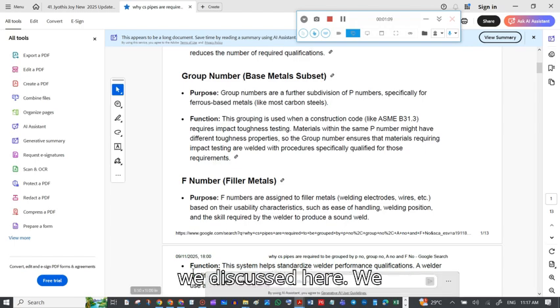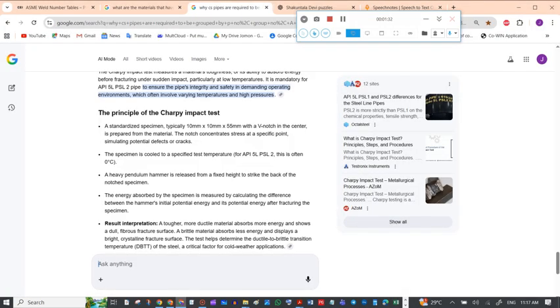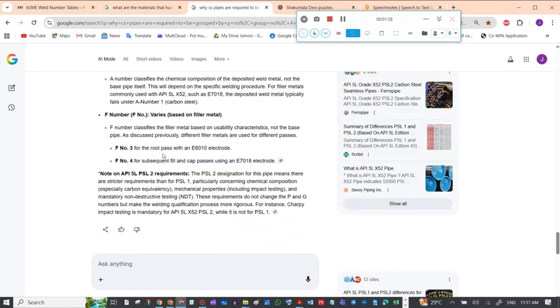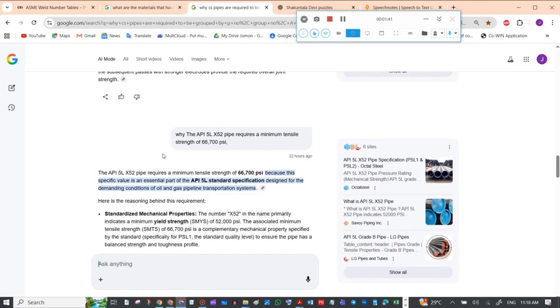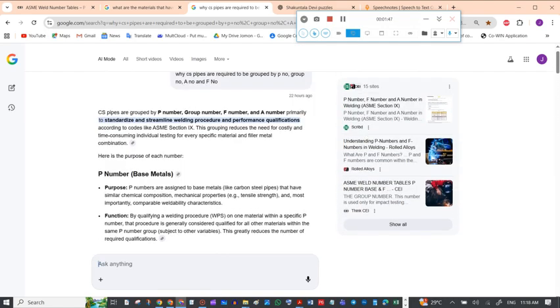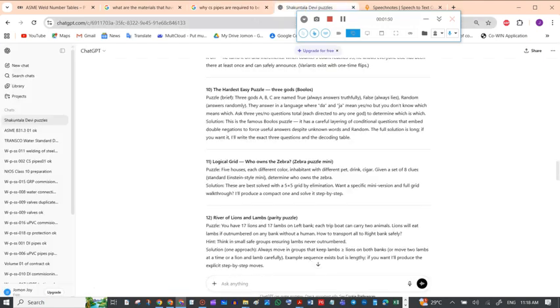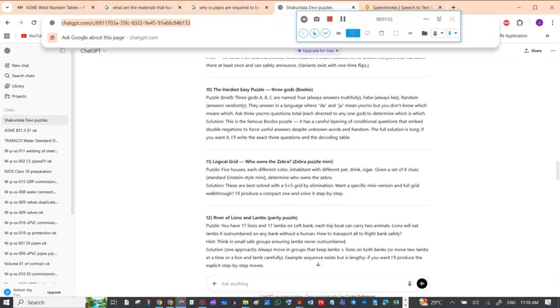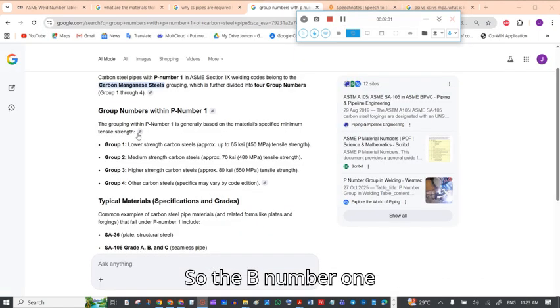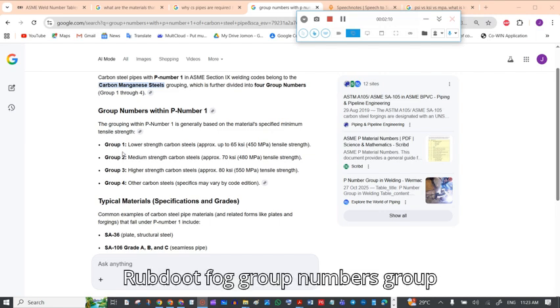So, like we discussed here, P number 1 is meant for carbon steel pipes, and it is grouped into 4 group numbers.